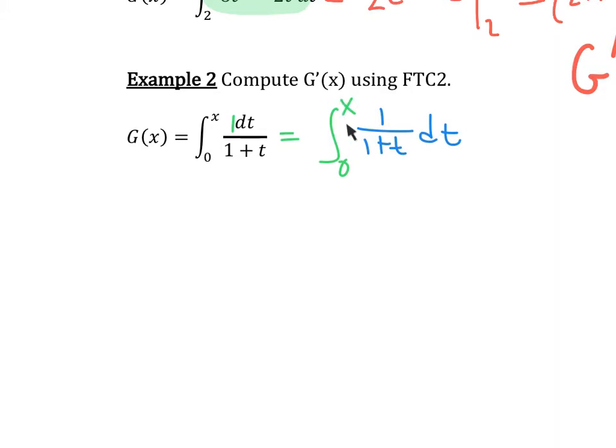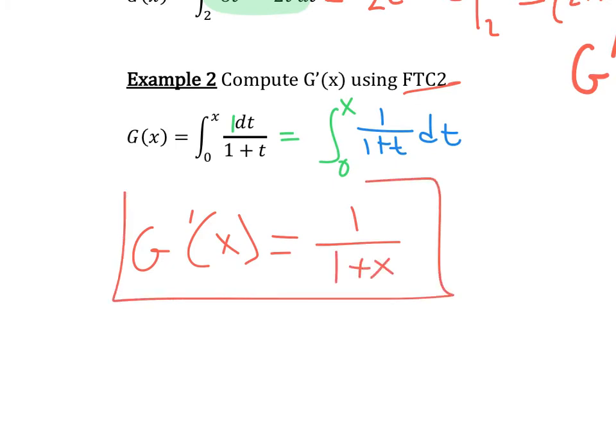Well, we have the integral of this function here, dt. So we want to go ahead and find the derivative of that. Well, according to FTC2, all we need to do is replace that t with an x. And we're done. Seems like it's too easy, but that's all there is to it.